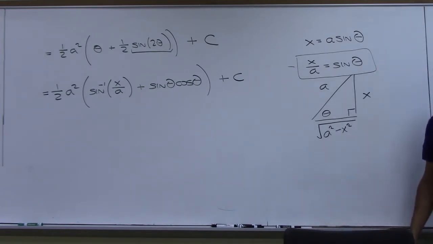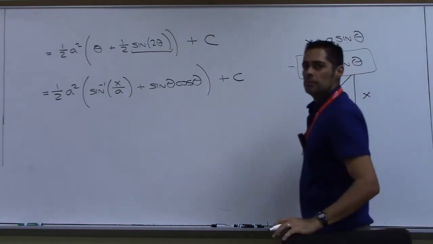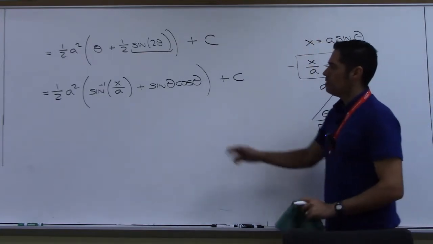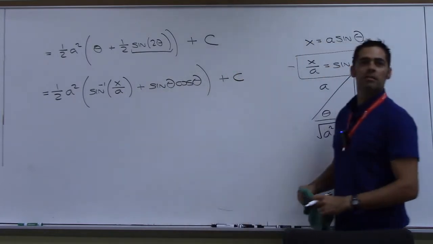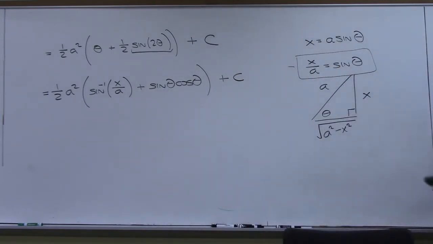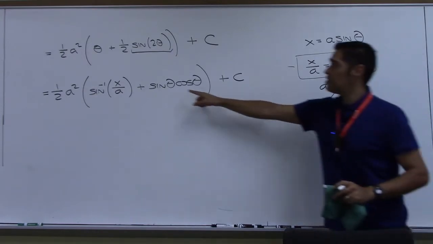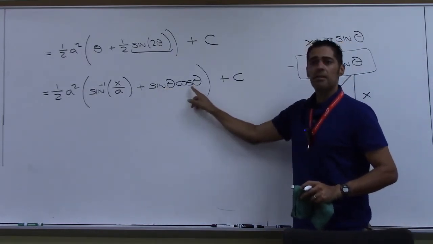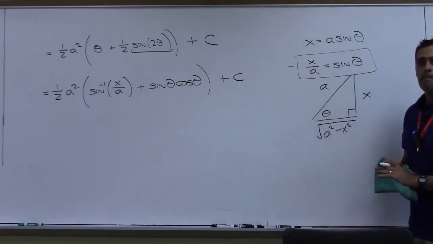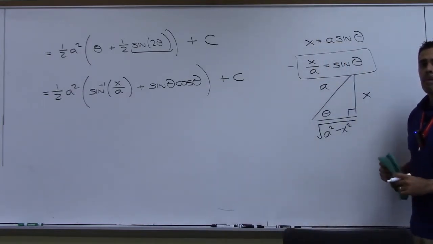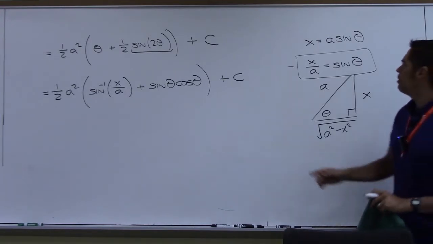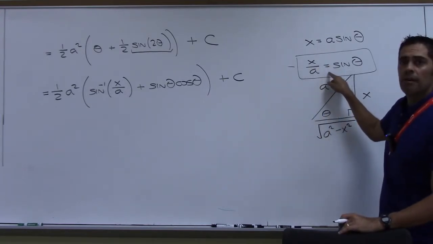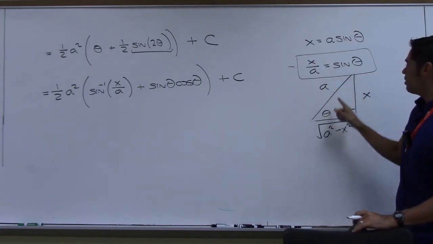All right, back table. Anyone want to tell me what sine theta and cosine theta are? Okay, sine theta is x over a. Good. And then cosine theta? How did you get x over a? You just looked at this right here, right? Which is also coming off of this.